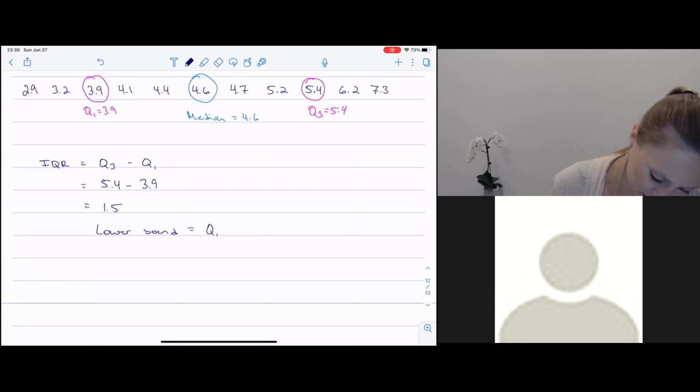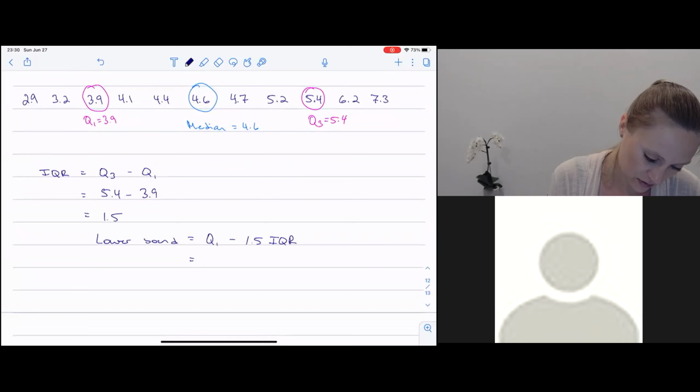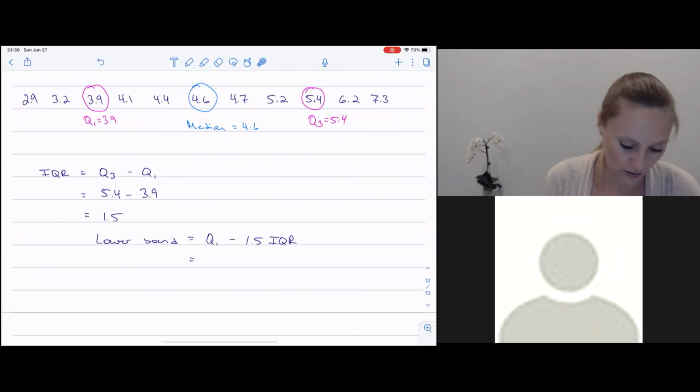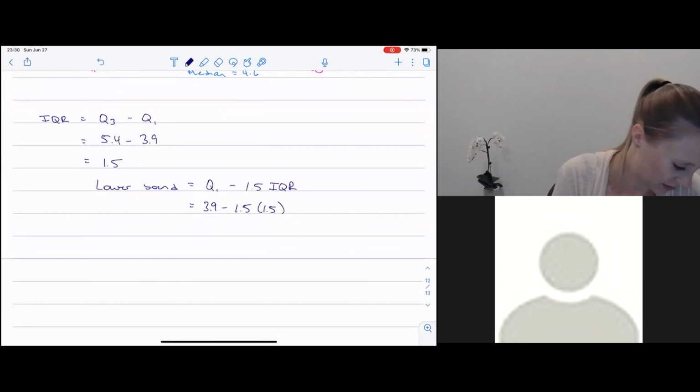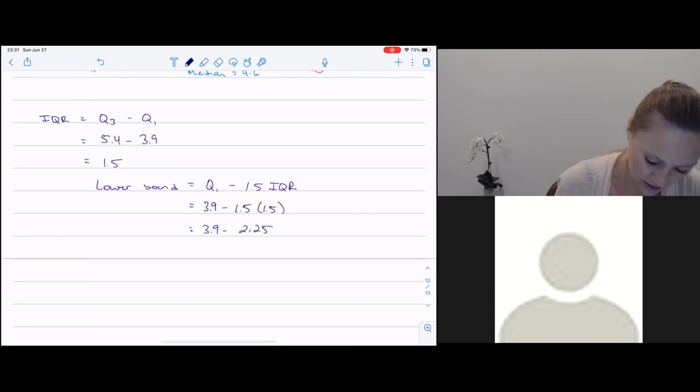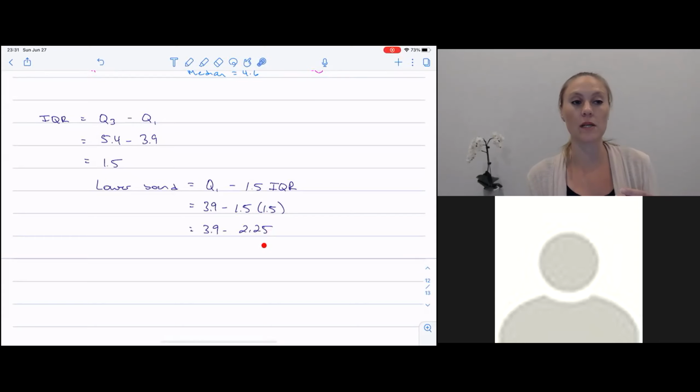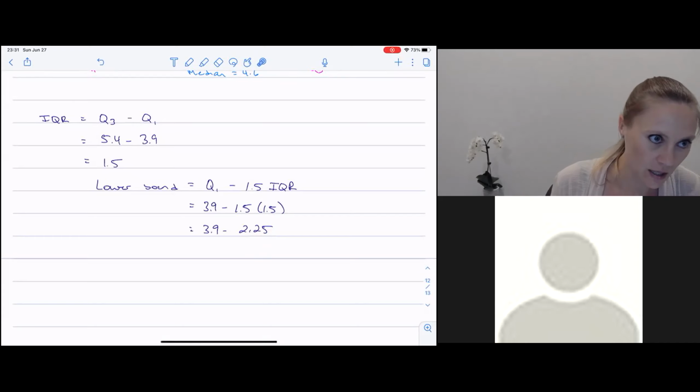That's confusing, but that's okay. Minus 1.5 times the interquartile range, where Q1 is now 3.9. So 3.9 minus 1.5 times 1.5. Hopefully I did that calculation right. Anyways, 1.5 times 1.5 is 2.25. So 3.9 minus 2.25. Now that I've shown that that's what it becomes, I can just skip right to 2.25 in the next calculation.